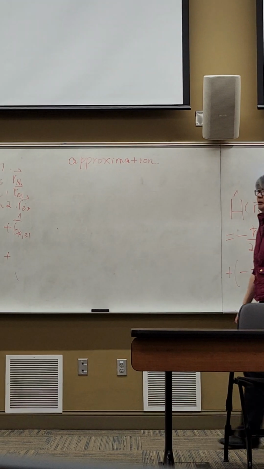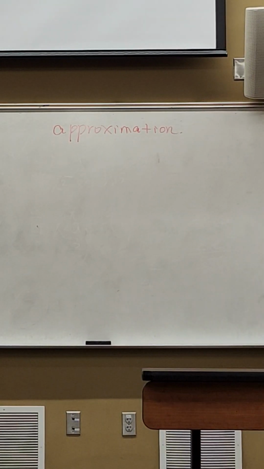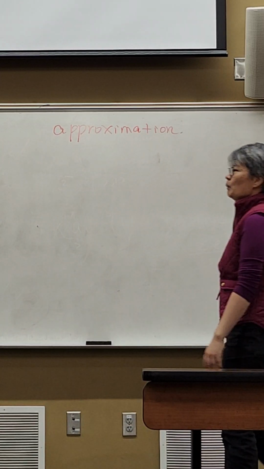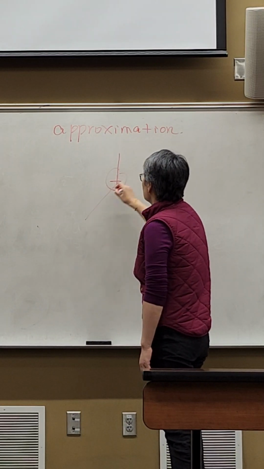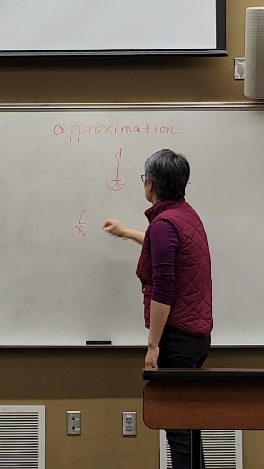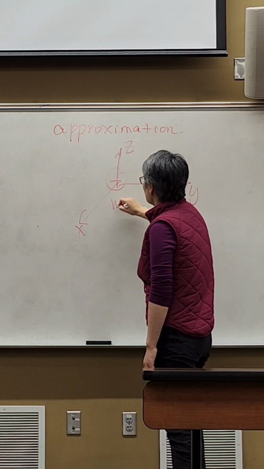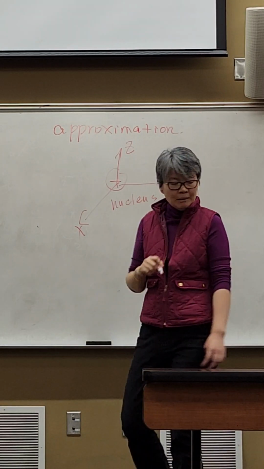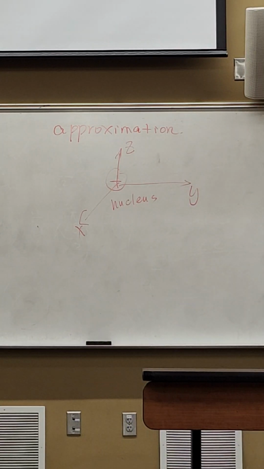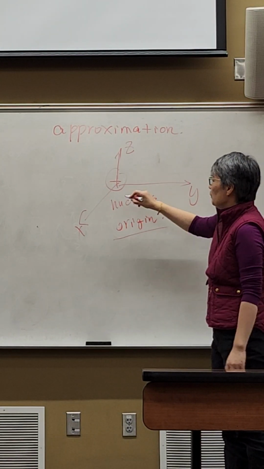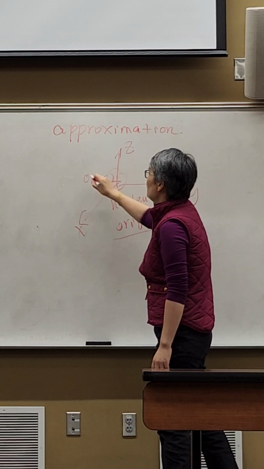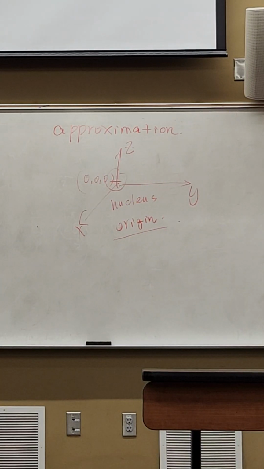What is an approximation? Instead of having coordinates at any point in the XY dimension, what we can do is put the nucleus as the origin, which means at the 0, 0, 0 point in this axis.